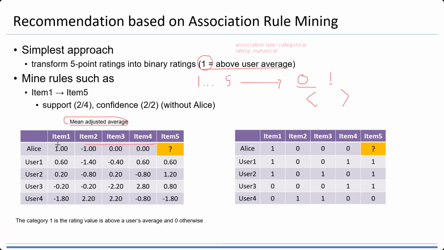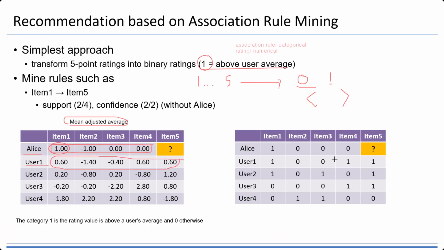So you can see this one. It is the mean adjusted average of user Alice. This is the mean adjusted average rating on the user 1 and so on. Then we can say if it is above the average, the value will be positive.